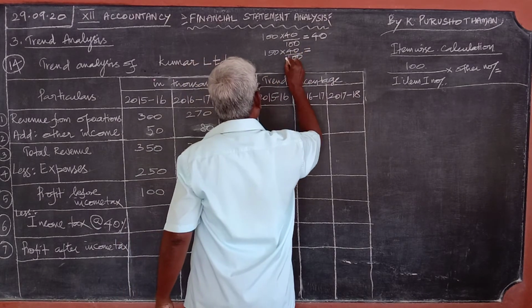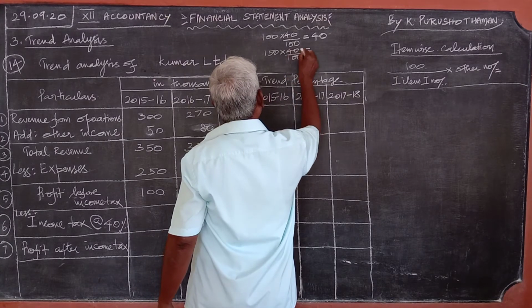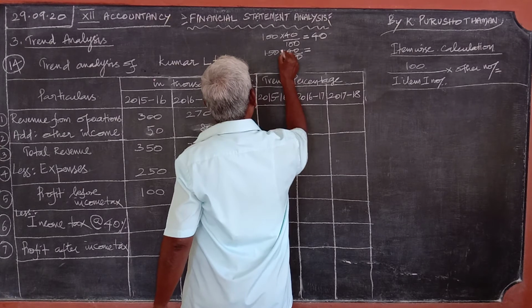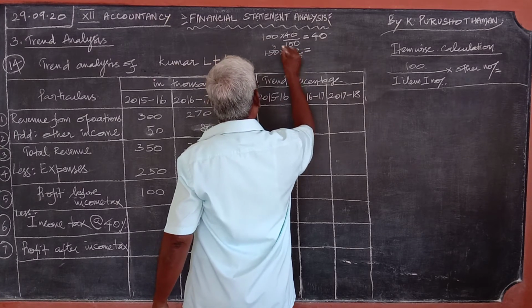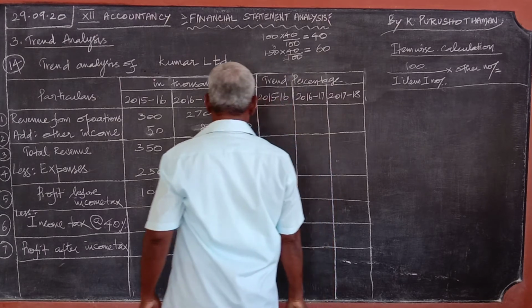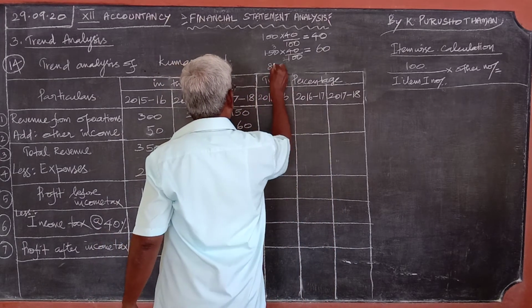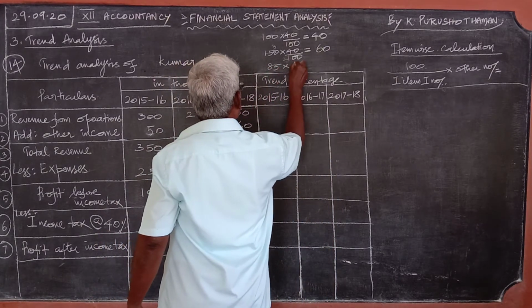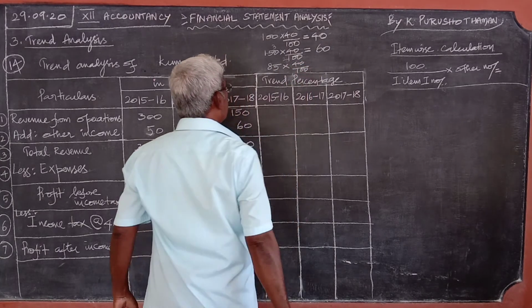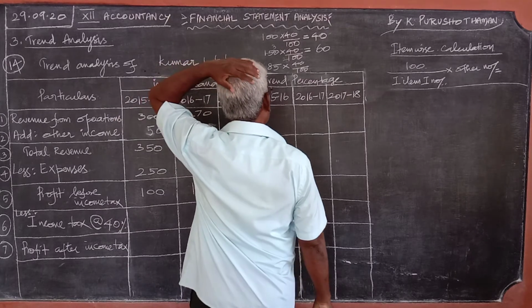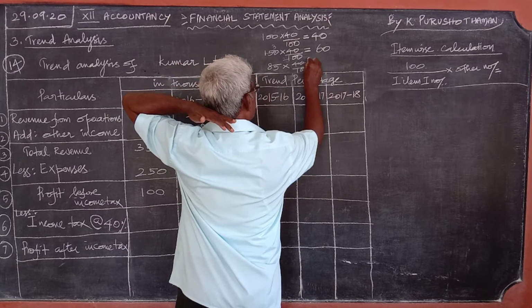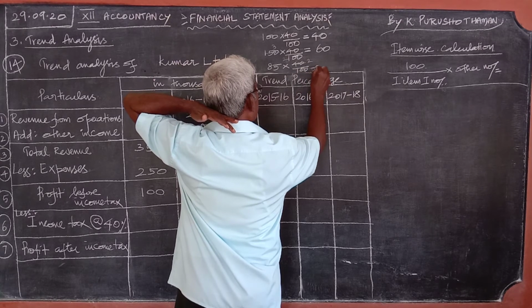Then this is 250, this is 350, 23 into 20, 60 rupees. Then 85 into 40 by 100. In this case, this is 2 20s, 5 20s.